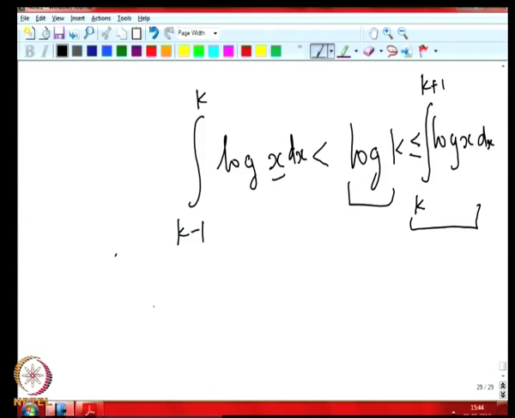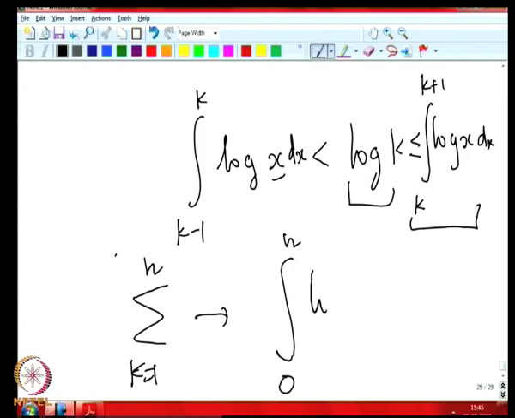You can sum this for k equal to 1 to n. Then it will go from 0 to 1, 1 to 2, 2 to 3 and all the way up to n. So in total this becomes an integral from 0 to n of log x dx.